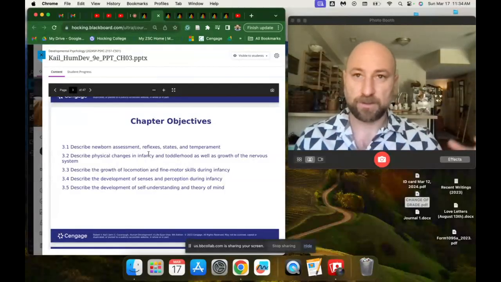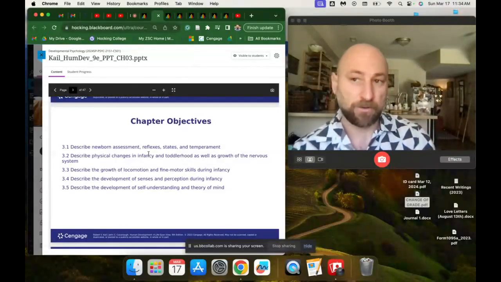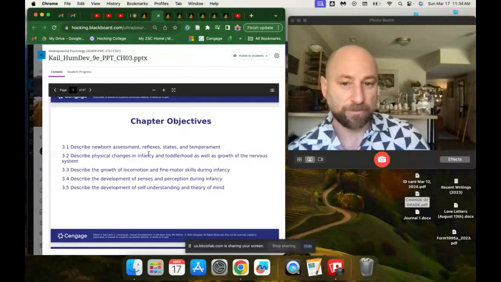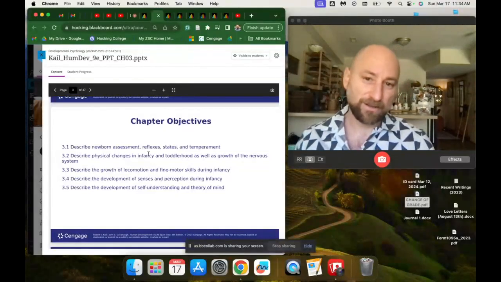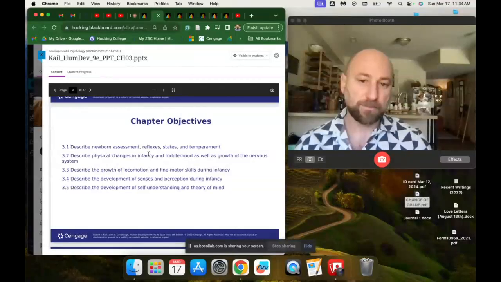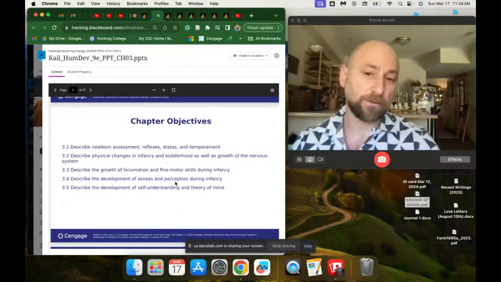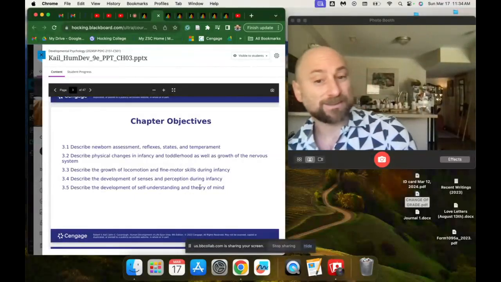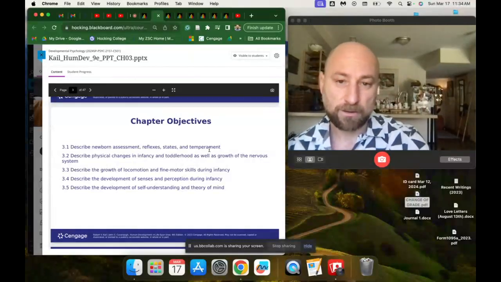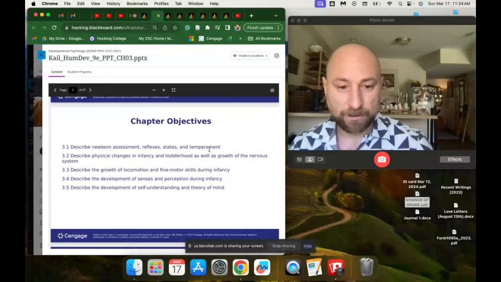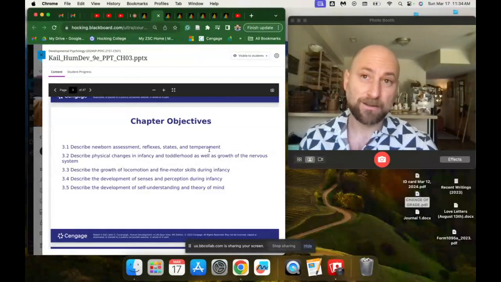At first, things are very much, as William James said, a blooming, buzzing confusion. As time goes on, the infant brain starts to make sense of the world. This patch of color is this, that patch of color is that, this shape is this, right? Concepts, and eventually self-concept and a theory of mind. So we're going from no concepts to a concept of a self in one's own body and selves in other bodies, going from not being able to do anything, the brain not being able to control the body, not really being able to perceive anything.